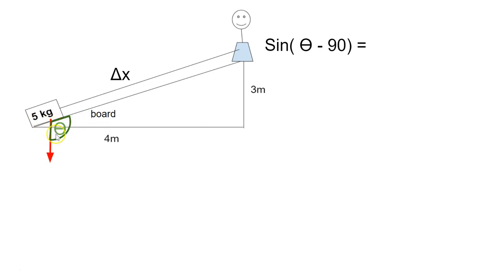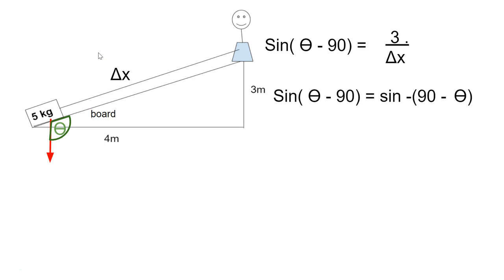Theta I'm going to keep as the angle between the force that's applied and the direction in which I'm moving. But this little small angle is equal to the big angle minus 90. Sine of this angle, remember sine is opposite over hypotenuse, so that is going to be equal to 3 over delta x.